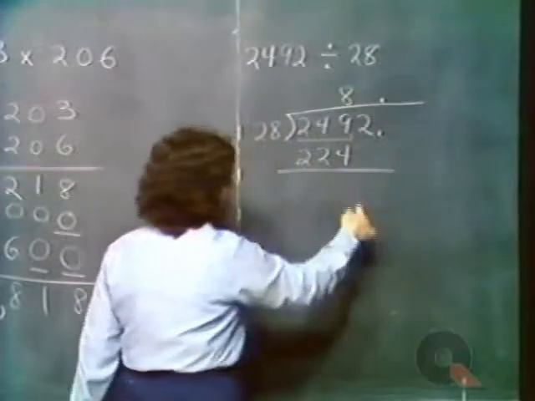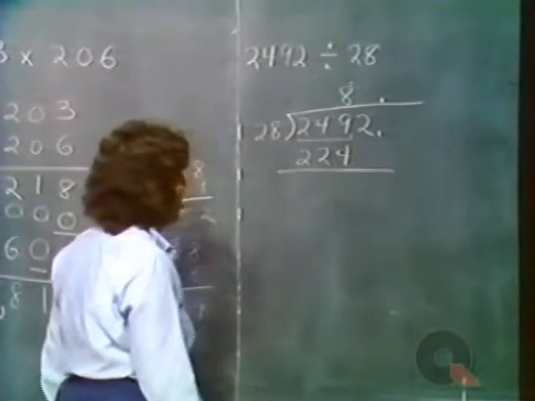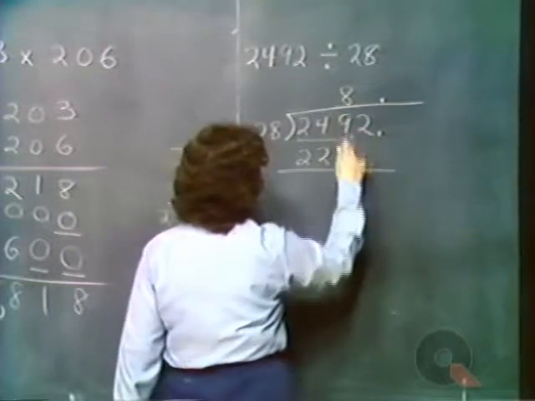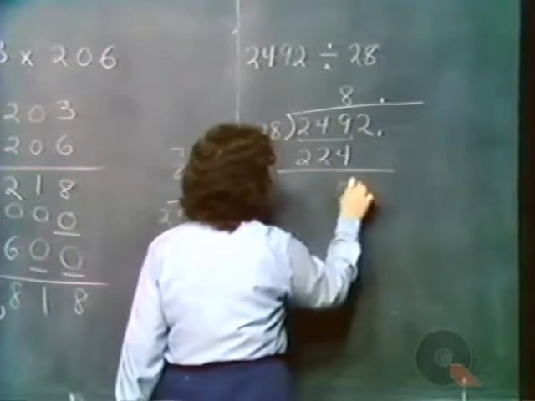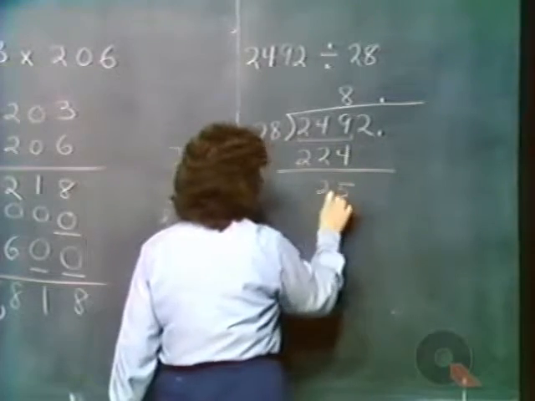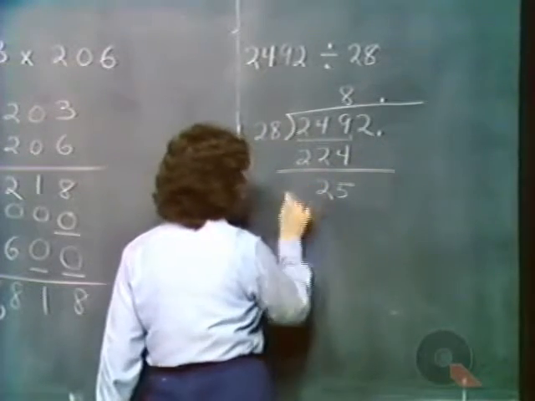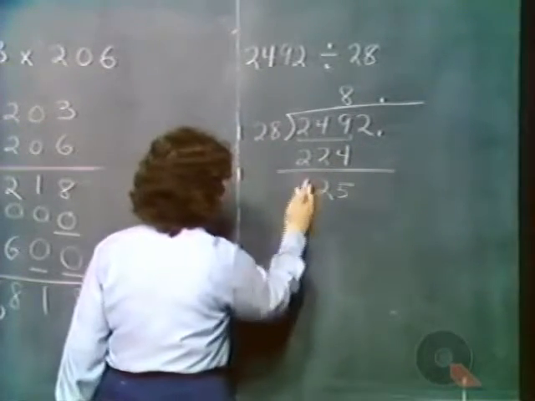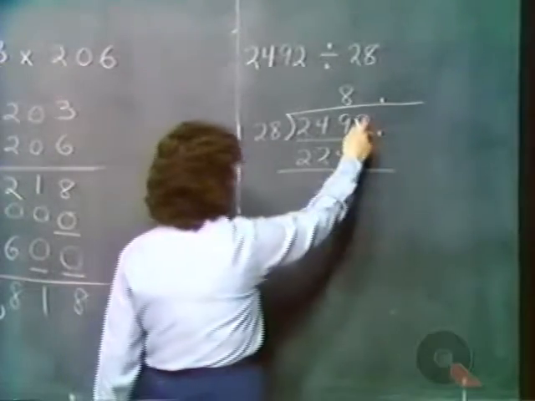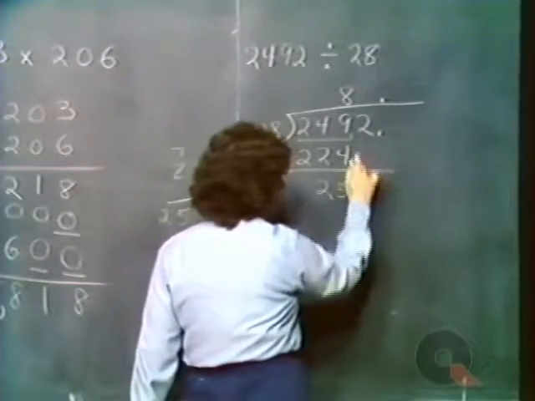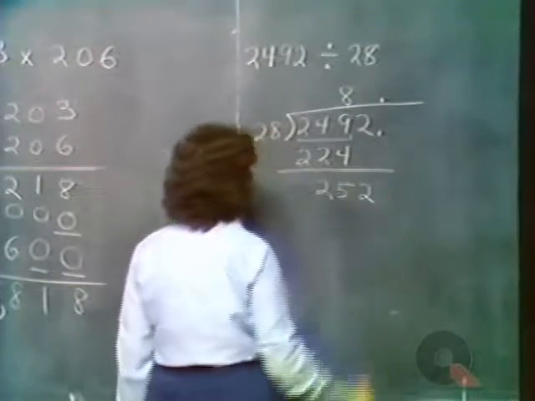We're going to subtract and then bring down the next digit. Okay, so first let's subtract. 9 take away 4, that's 5. 4 take away 2, that's 2. 2 take away 2 is 0, but you don't need a 0 to the left of the number. Bring down now, in other words, 2 take away, this is really a 0. 2 take away 0 is 2. Bring down the next digit.